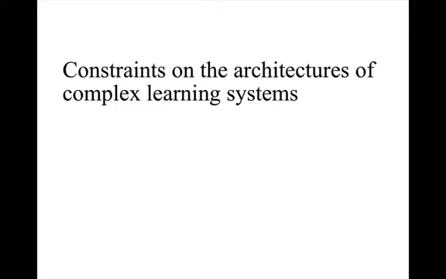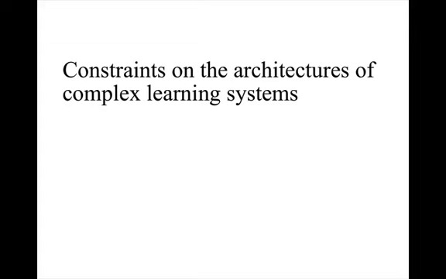So now we've covered the psychological phenomena we want to understand, and the physiology and the anatomy that have to be related to the cognitive phenomena. What I'm now going to do is to get into a rather more theoretical section, and we're going to be going over the constraints which exist on the architectures of complex learning systems.